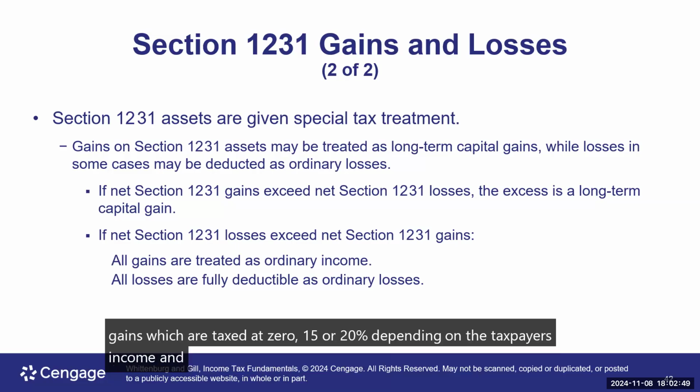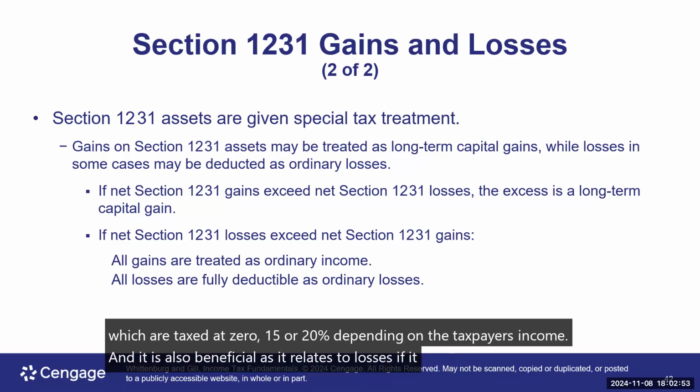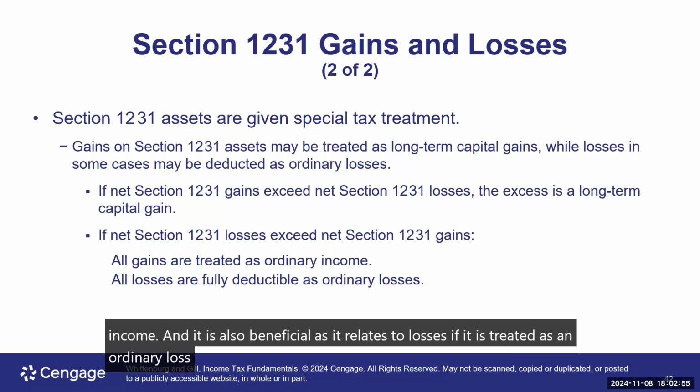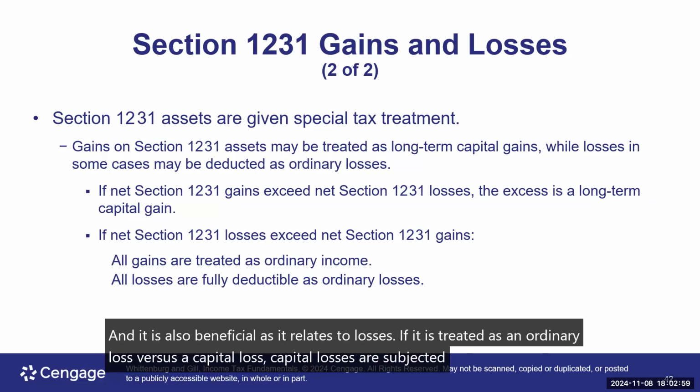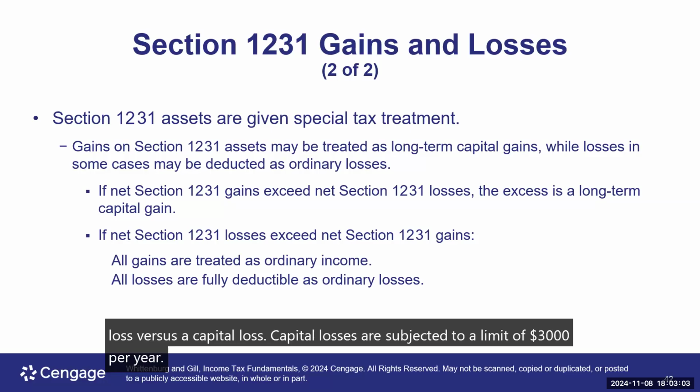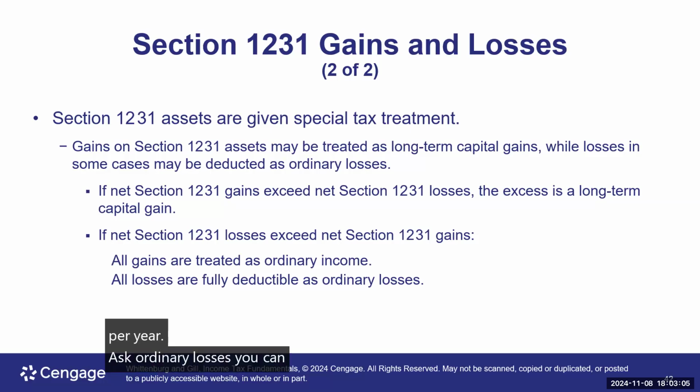And it is also beneficial as it relates to losses if it is treated as an ordinary loss versus a capital loss. Capital losses are subjected to a limit of $3,000 per year, whereas with ordinary losses, you can claim the full amount of the loss in the year of loss.